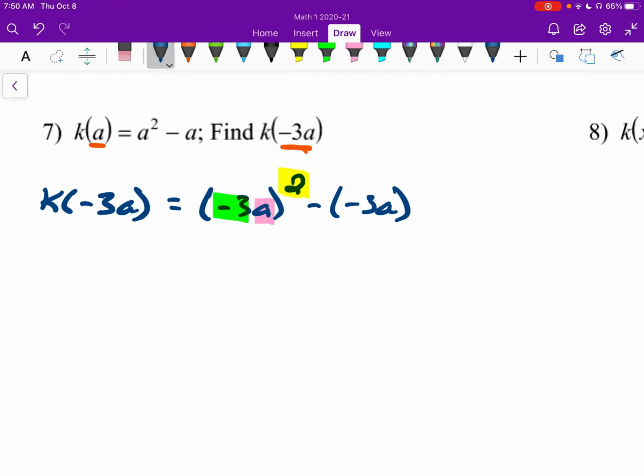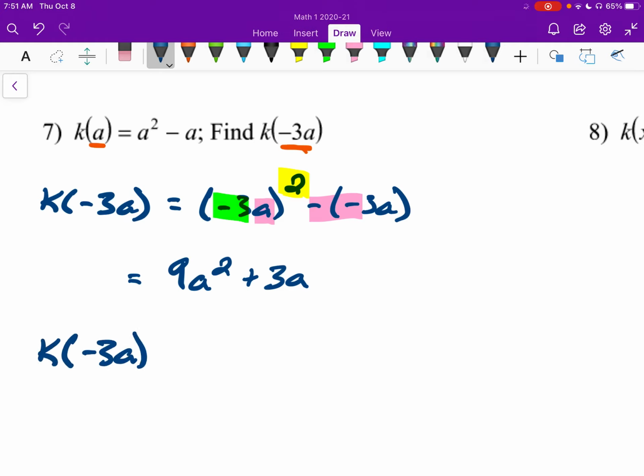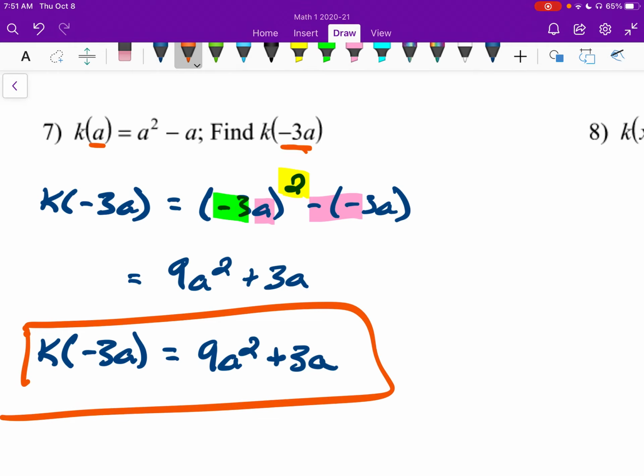So this is going to be 9, right, because negative 3 squared is positive 9, a squared. And then if I look at the second piece, I have a negative negative. That makes a positive, so it's plus 3a. So if I were to rewrite my answer, I'd have k of negative 3a equals 9a squared plus 3a. That's that.